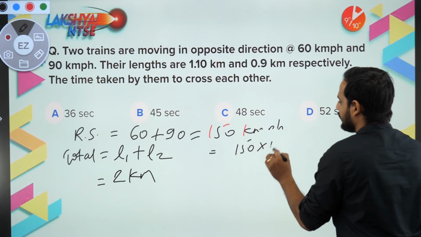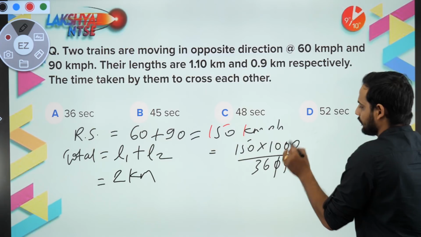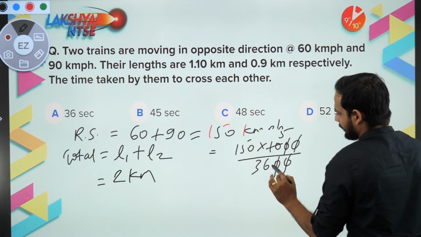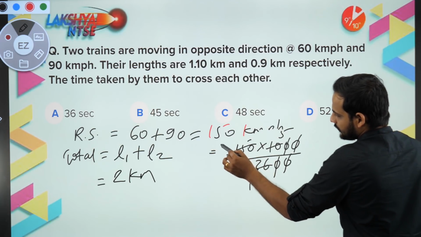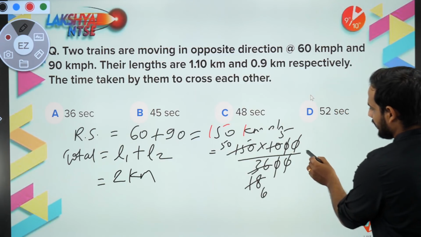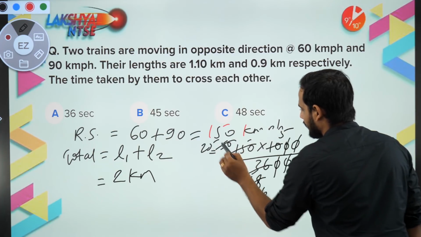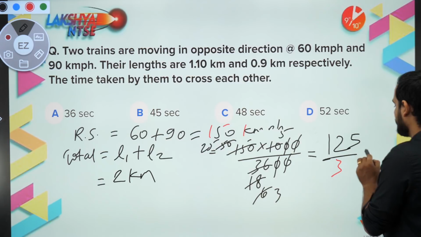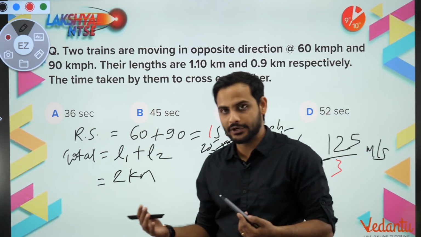So 150 into 1000 upon 3600, which is 5/18 of 150, giving 125 by 3 meters per second, the relative speed of both the trains.